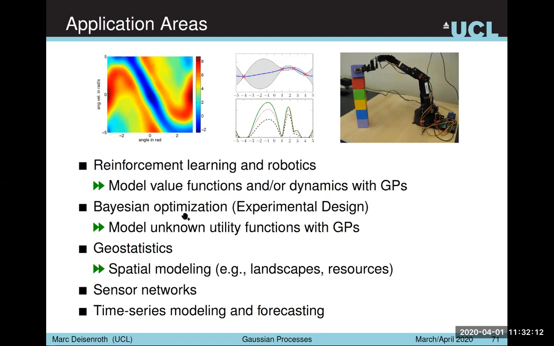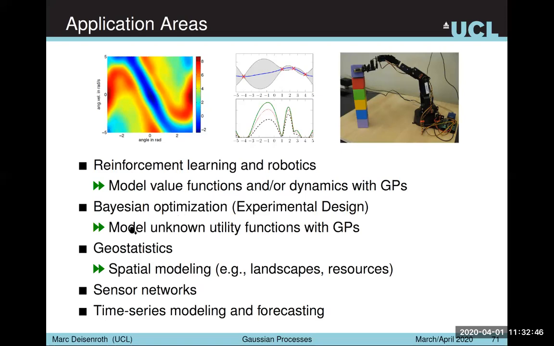Bayesian optimization is another, I think, very prominent example of an area where Gaussian processes are used. Here the idea is to find high-level parameters of some bigger machine learning models, for example, learning rates in a deep neural network. You can use Bayesian optimization or experimental design to find optimal learning rates.